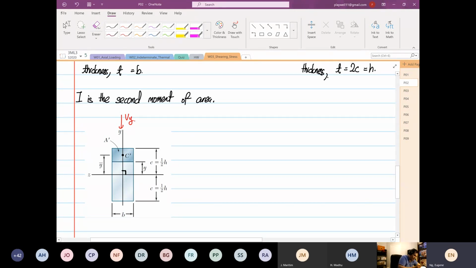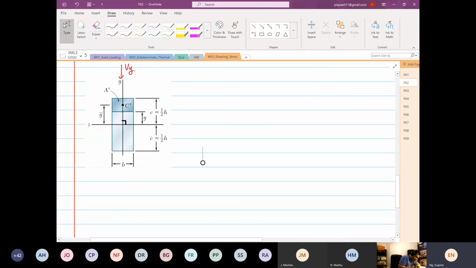So now we are going to look for, so Vy is perpendicular to the z-axis.